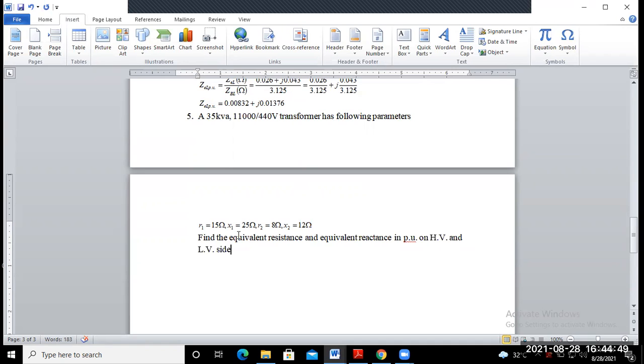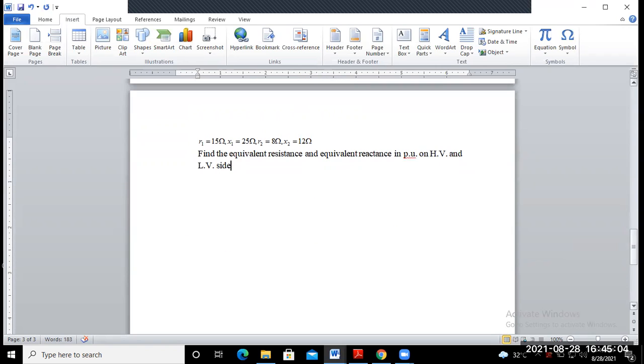Just first of all find the equivalent resistance and reactance along the HV and LV side, and then convert into per unit quantity. Okay. So first of all, consider subscript 1 and 2 as the HV side and LV side.